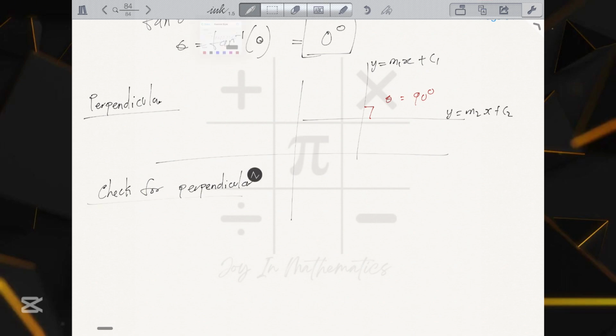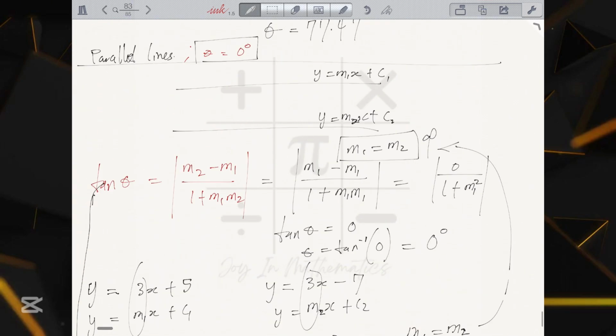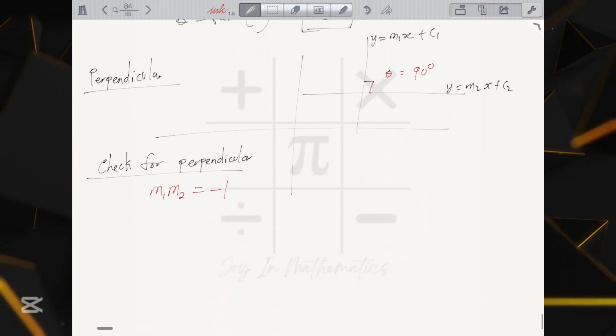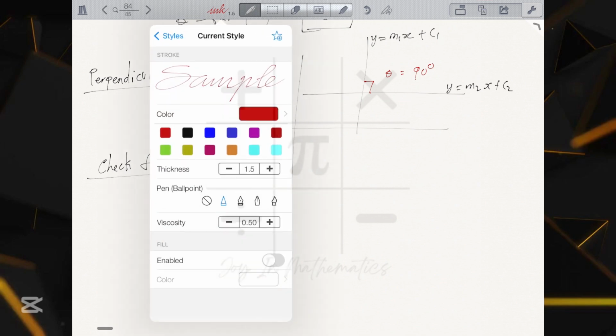It says that the product of the two gradients is equal to -1. Remember, the check here is simple. That's m1 is equal to what? m2. That's for parallel lines. But for perpendicular lines, m1 m2 is equal to -1. So let's have a question.